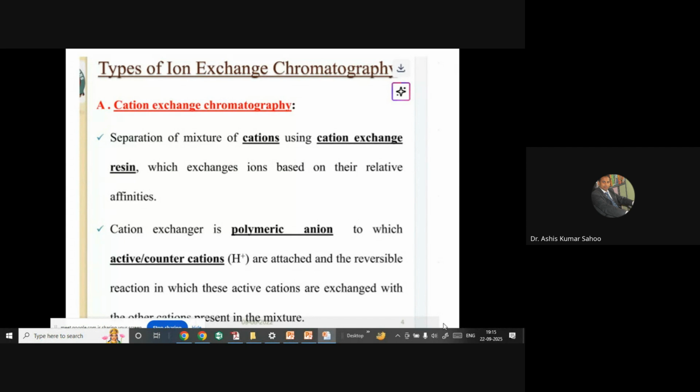Types of ion exchange: cation exchange chromatography is the separation of a mixture of cations using a cation exchange resin, which exchanges ions based on their relative affinity, with active counter-cations reacting reversibly with each cation.